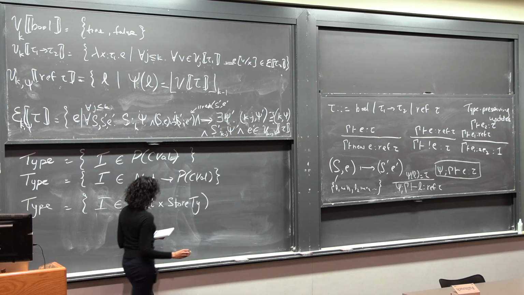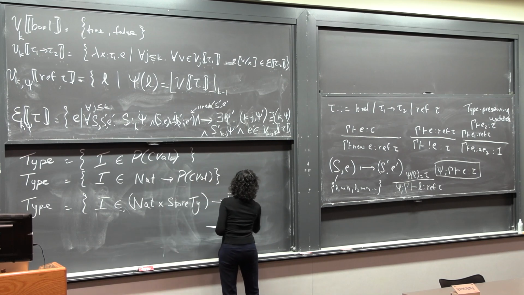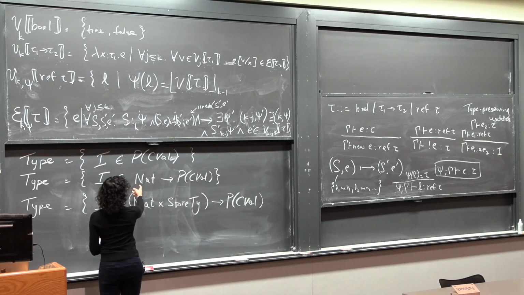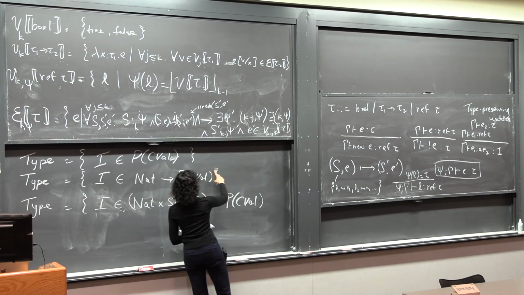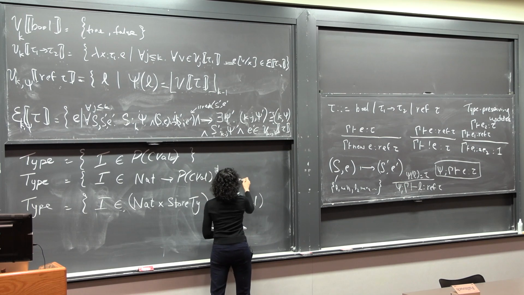If you give me these two things, then I will give you back something that is a set of closed values. Oh, by the way, there's another property here. Really, we should say that these I's have the monotonicity property, but I'm just not going to write it out.